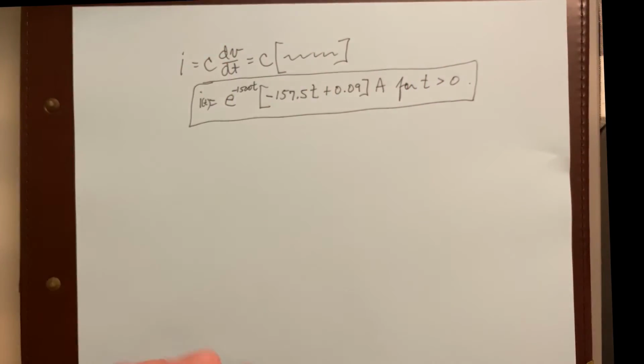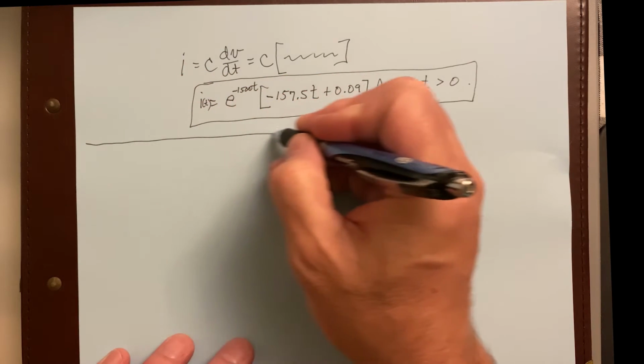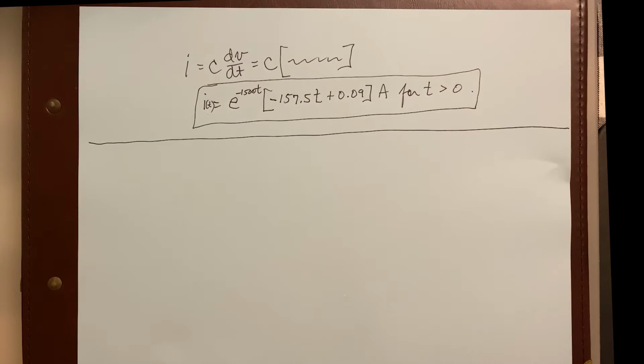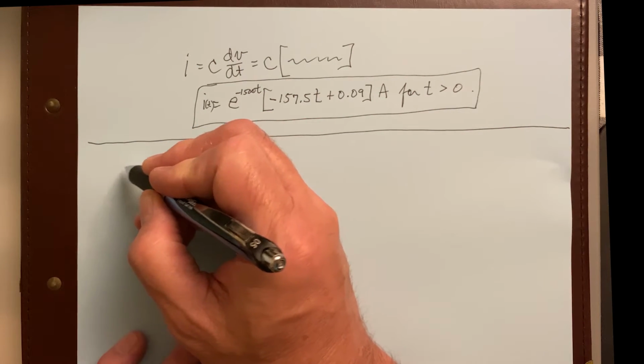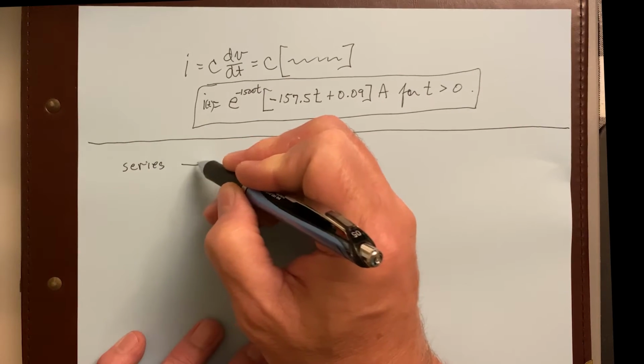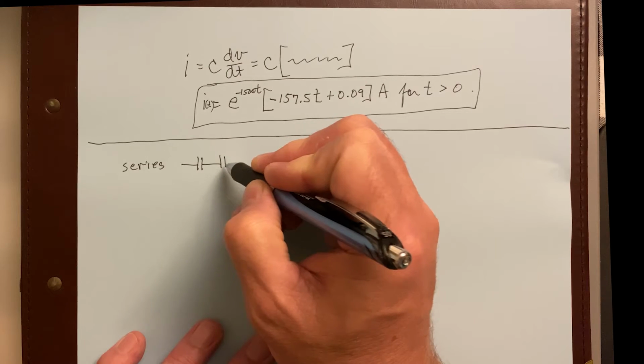Okay, now let me finish up with a couple of things. First of all, I want to remind you that when it comes to combining capacitors and combining inductors, they combine differently, but you should be used to how resistors are combined by this point. So let's say I've got some capacitors in series.